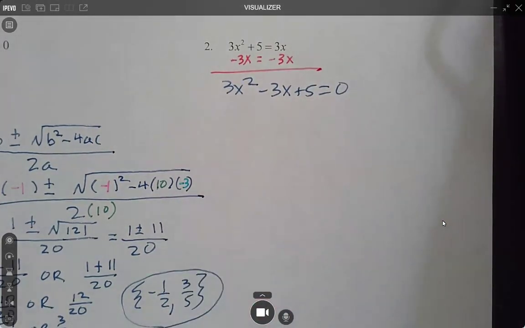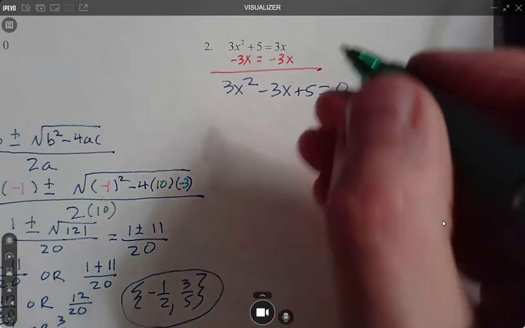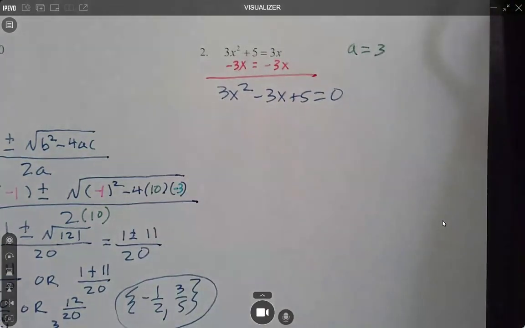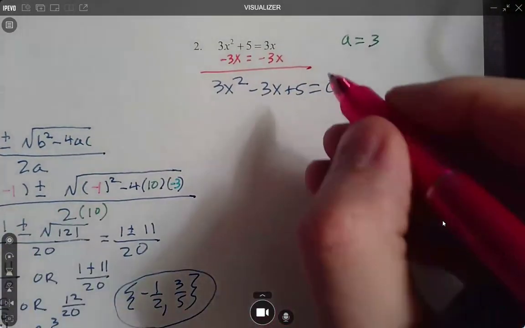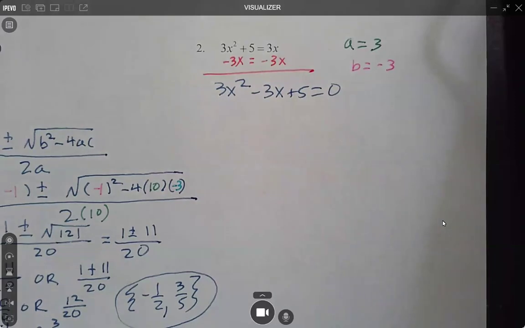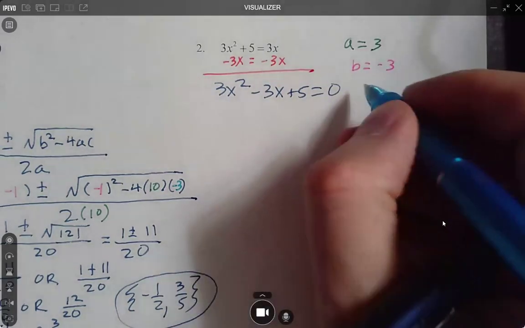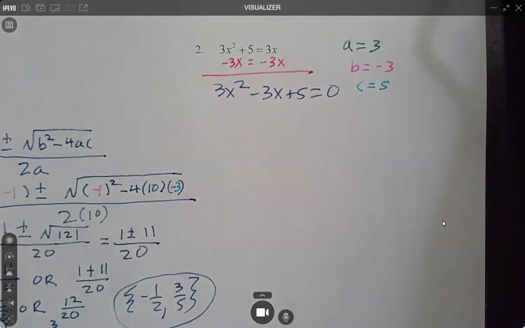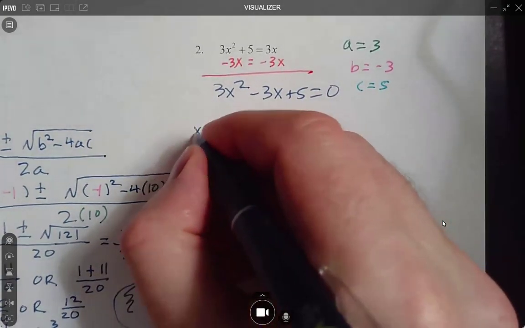And now we're just going to identify A, B, and C. A here is 3. B is -3. C here is 5. And then we're just going to stick this into the quadratic formula.